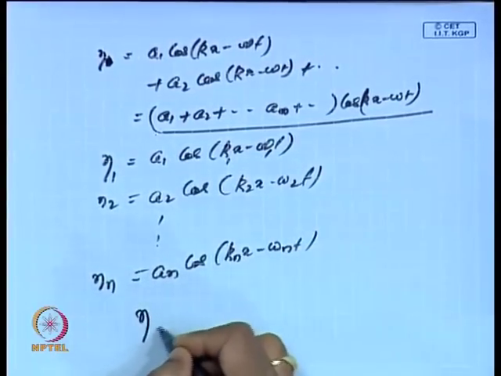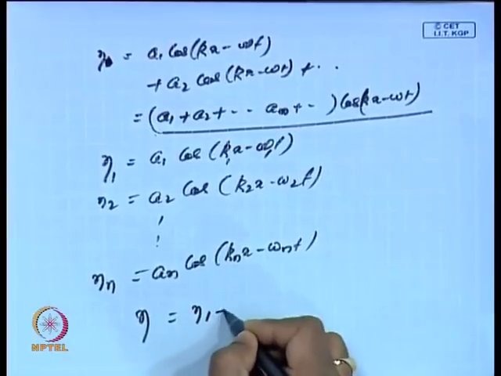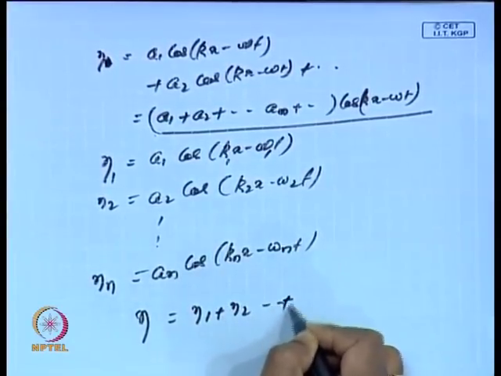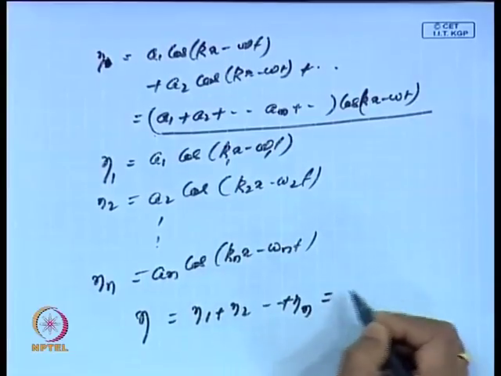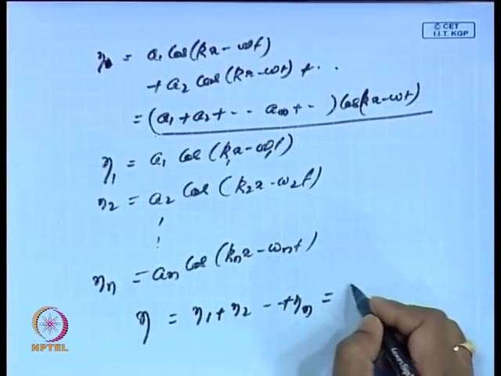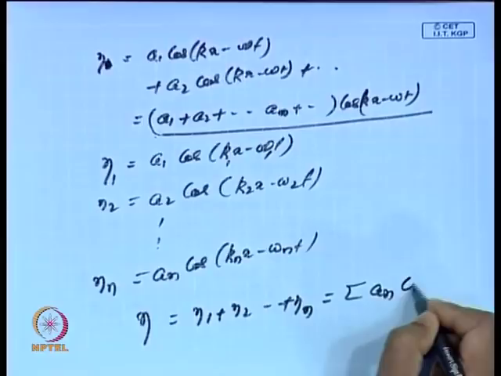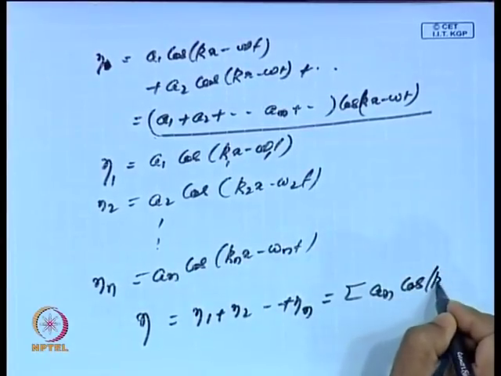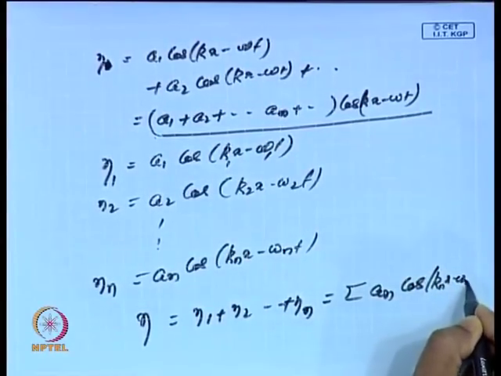Then the total resultant is eta equal to eta 1 plus eta 2 plus eta n, which becomes the sum of An cos(kn x minus omega n t).